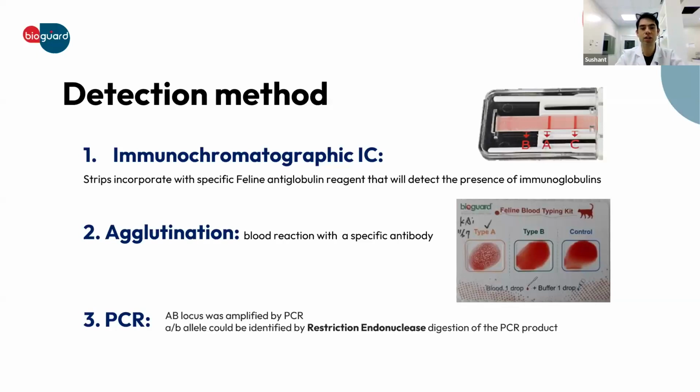Once you run the gel on agarose, you can see different sizes coming up when you use restriction enzyme 1, and different sizes coming out when you use restriction enzyme B. Based on the size calculation, you will very easily identify whether it's a type A or type B blood type in the organism, based on the DNA of the genome.